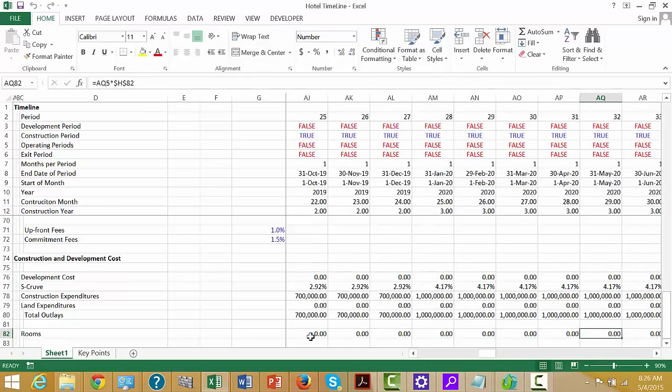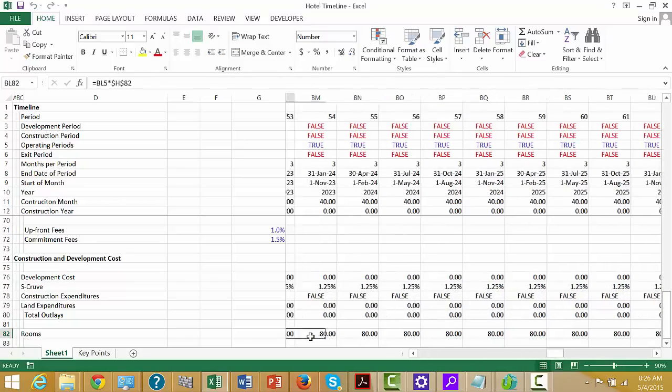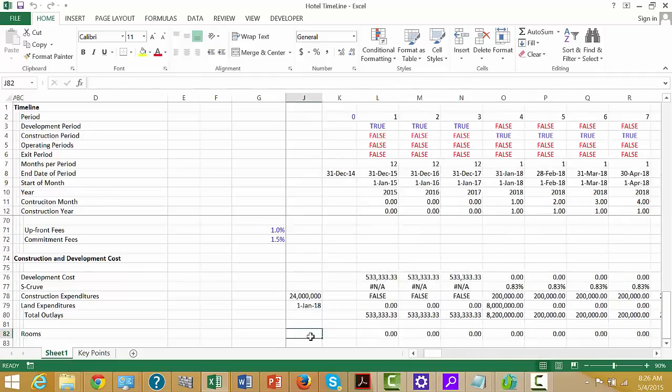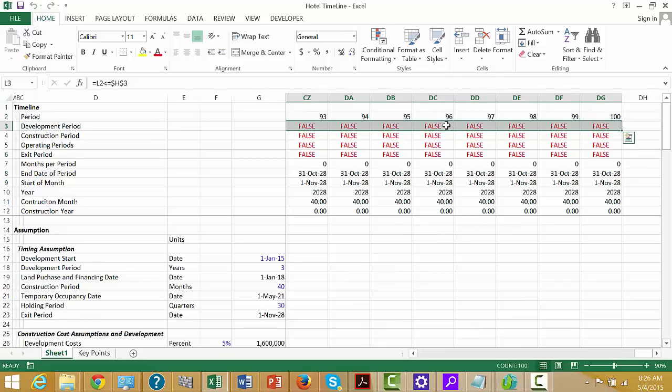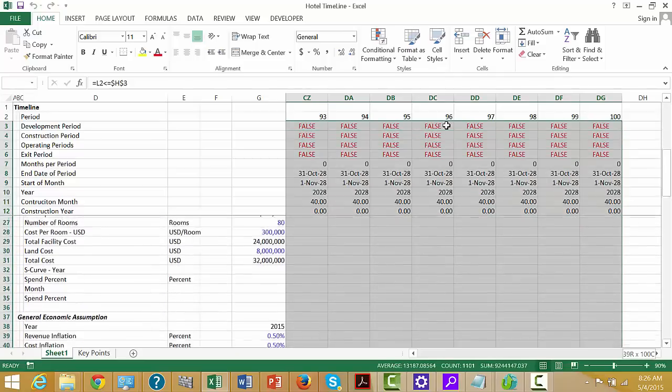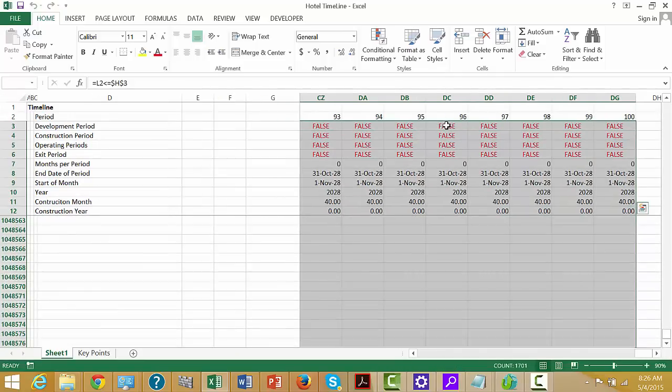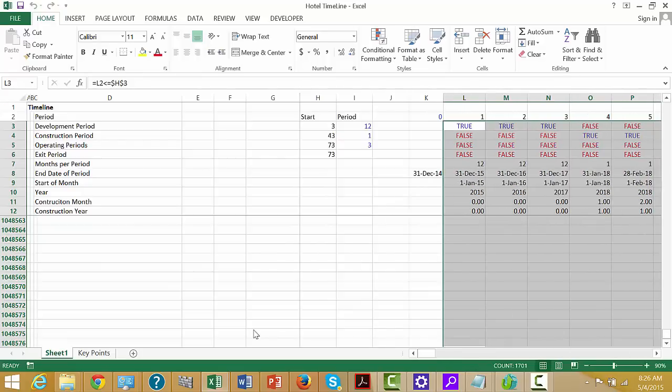Okay, now if we wanted to get even more fancy, we could Shift Control down all the way to the end. This does not increase the size of the file, no matter what you read on the internet. Now what I'm going to do is use conditional formatting.